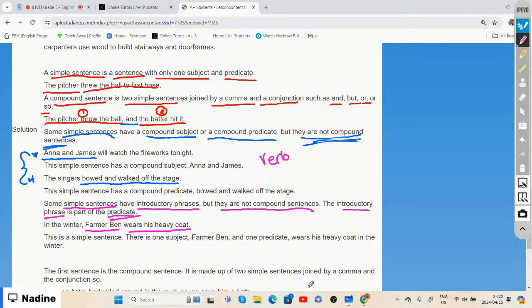So if I tell you that, do we understand what a compound sentence is? If we were to now write a compound sentence, or if we were to identify a compound sentence, will we know the difference between a simple sentence and a compound sentence?